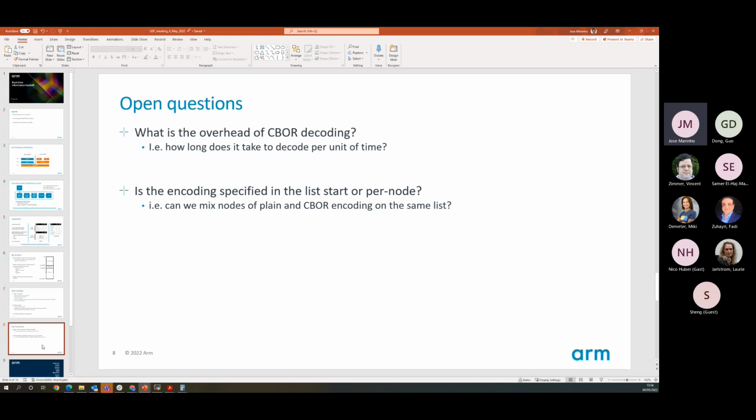If the hypothetical answer is yes, we can support the two encodings, then the follow-up question is whether a handoff list can have nodes that have different encodings, or whether each list, as it's being handed off from one payload to the next, would need to have all nodes of the same encoding? Again, we've already established that the precursor question isn't going to be answered today, so I don't really expect this one to be answered either.